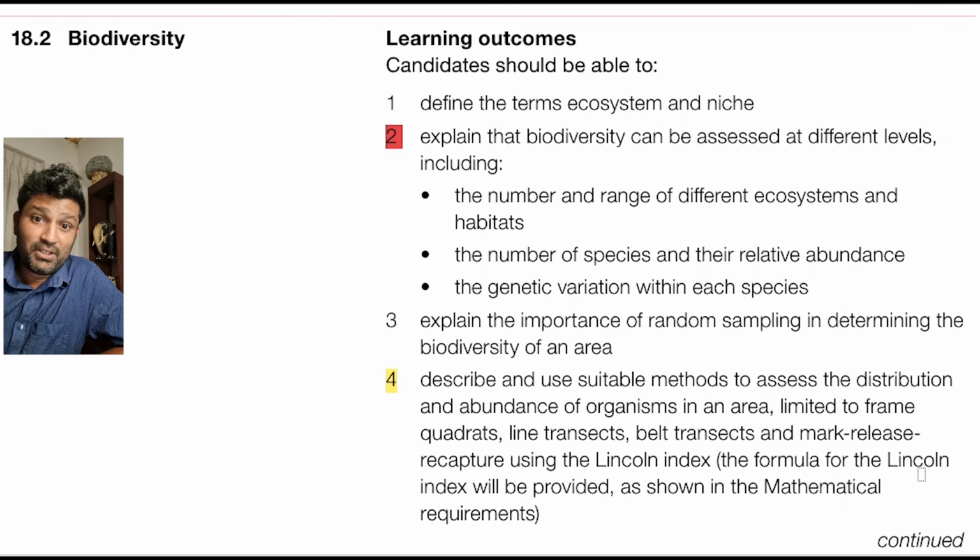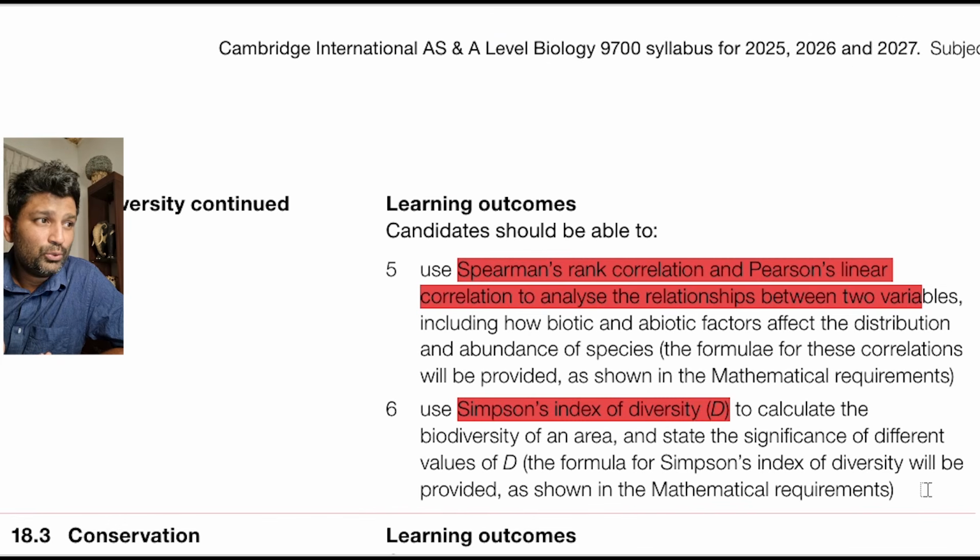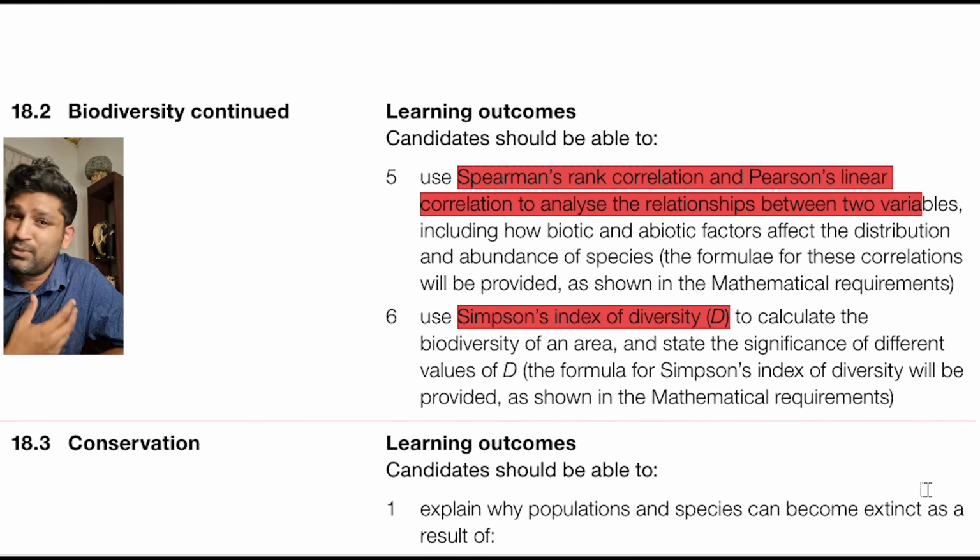In terms of conservation, again, this is a hot topic, even in the Pearson syllabus, by the way. So you might want to go through the theory behind conservation. I would say go through all the things under conservation.